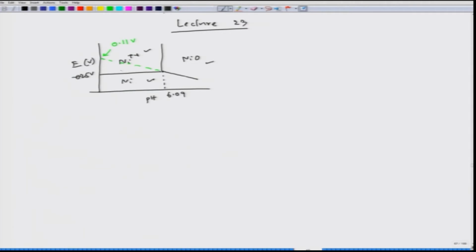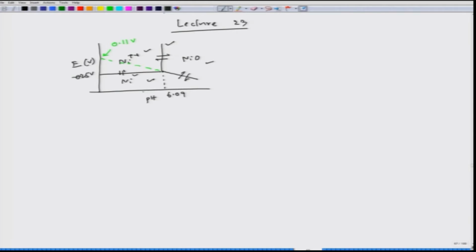For example, this line indicates Ni plus plus and Ni, this line indicates Ni and Ni-H2O, and this line indicates Ni plus plus and Ni-H2O. We could also see that some lines are potential independent. For example, this line is potential independent. Then we have one line which is parallel to the pH axis, that means it is pH independent.